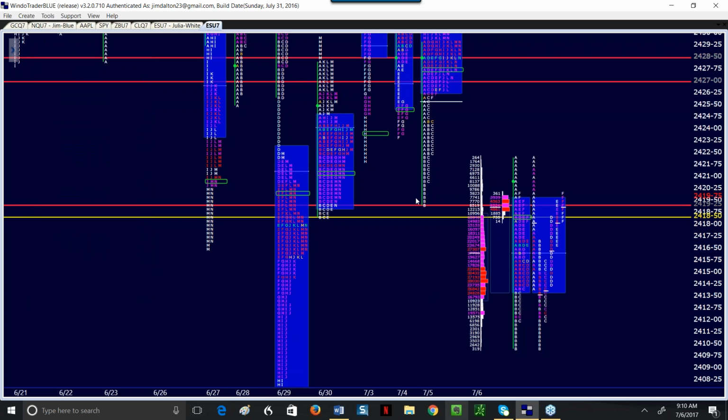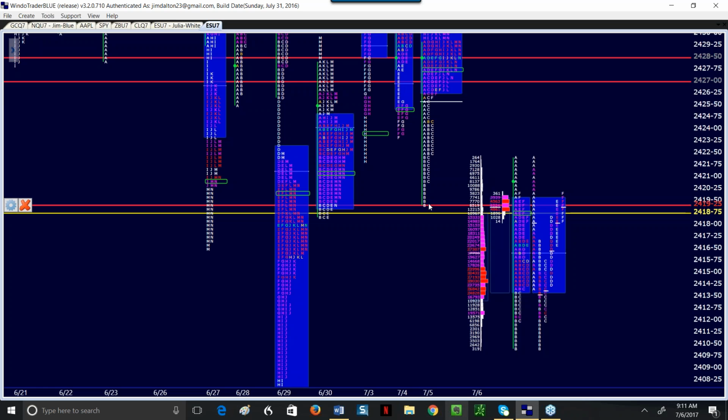Okay. The first low this morning in A period was a single tick above yesterday's low. Anybody that's been with us for any period of time knows that we classify that as a weak low.